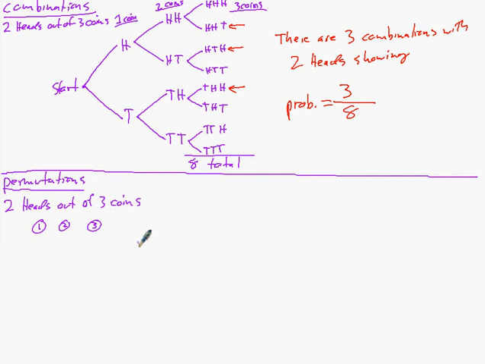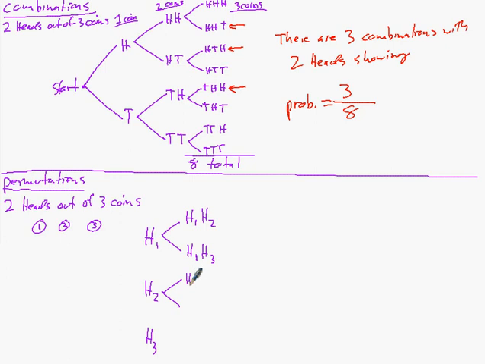So we can do a similar branching, but it's going to be a little bit different. The first coin, we're looking for 2 heads. Well, the heads could be from coin 1, the heads could be from coin 2, or the heads could be from coin 3. Then from there, we can branch off and say, if the first heads came from coin 1, the second heads could come from coin 2 or from coin 3.